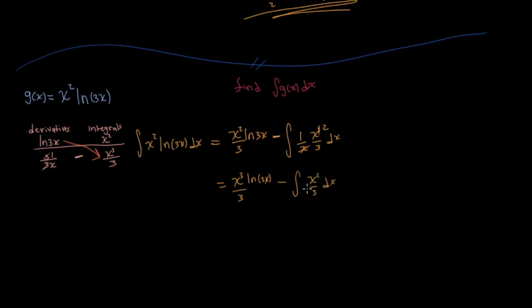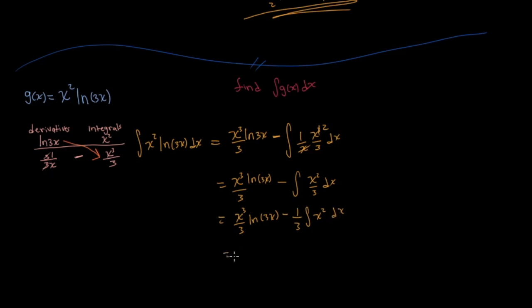And of course we can take the 1 over 3 out of the integral, so we get x cubed over 3 times ln of 3x minus 1 over 3 times the integral of x squared dx.